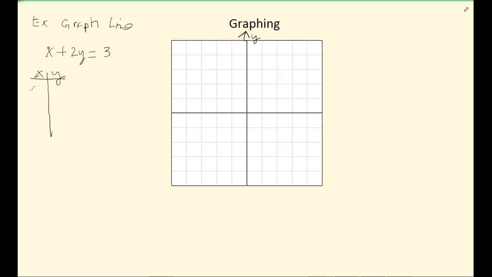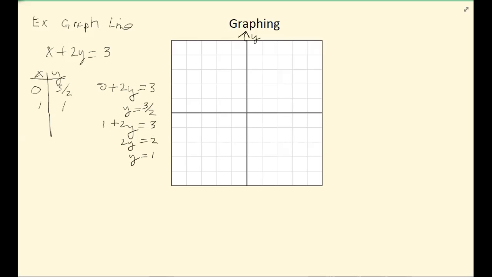So I'm going to pick x to be 0. If I do that, then that gives me this equation, which means y is 3/2. If I pick x equals 1, then I'll have 1 plus 2y equals 3. So 2y equals 2, and y would be 1.